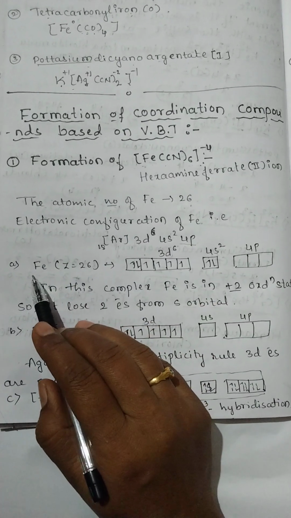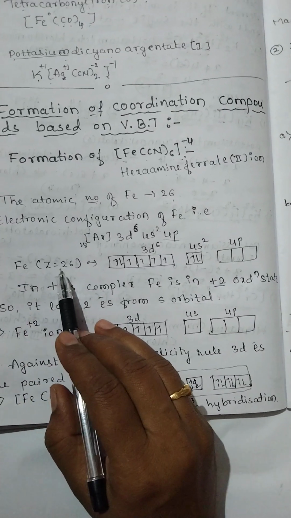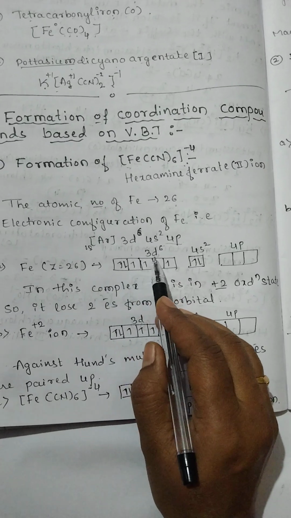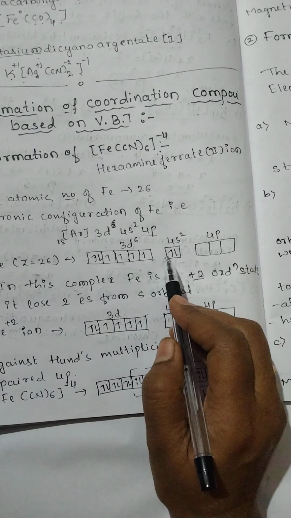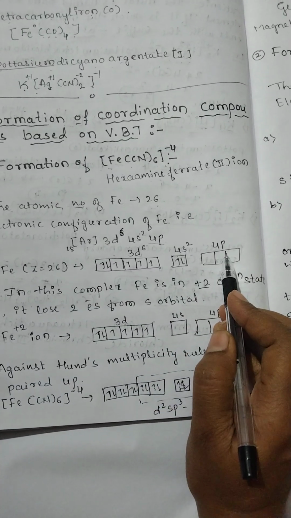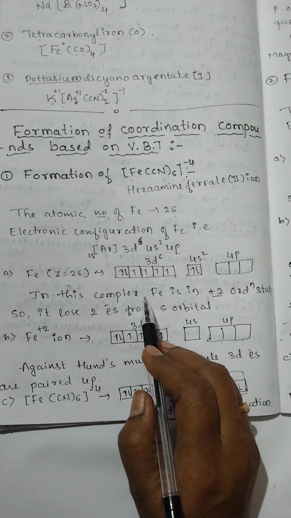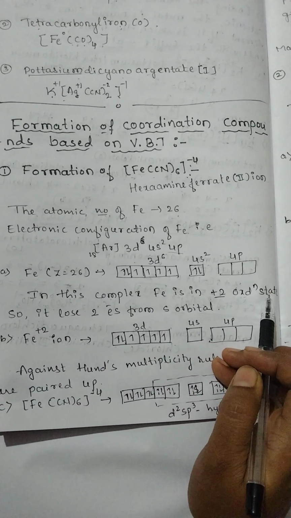Here we can write that the central metal has 26 electrons. So in the 3d orbital there are 6 electrons, and in the 4s orbital there are 2 electrons, and 4p is the outermost orbital. Now in this complex iron is in the +2 oxidation state.